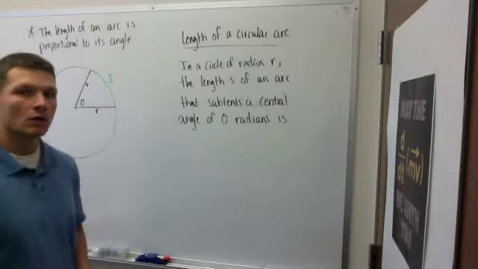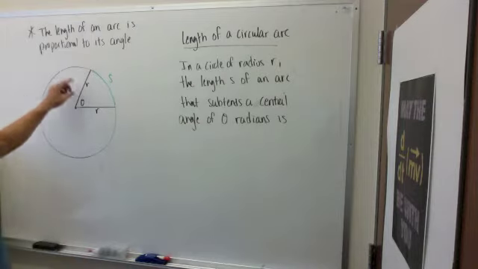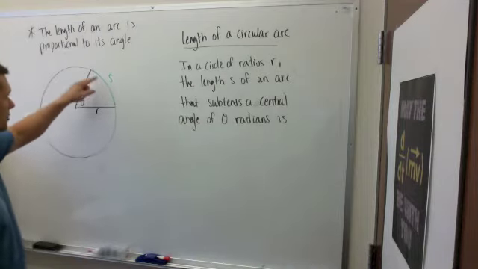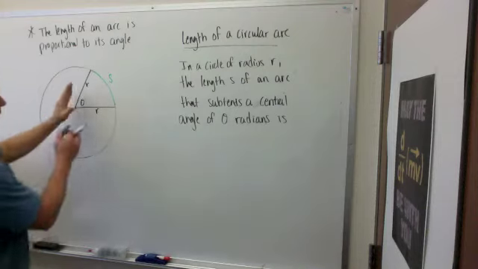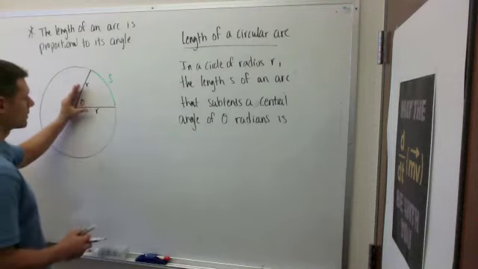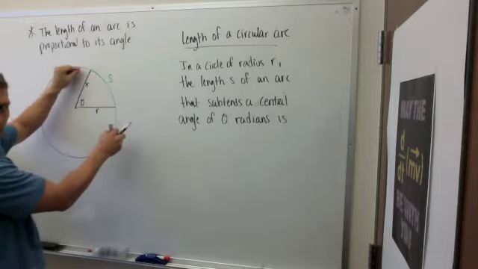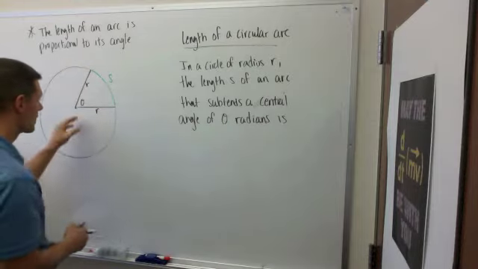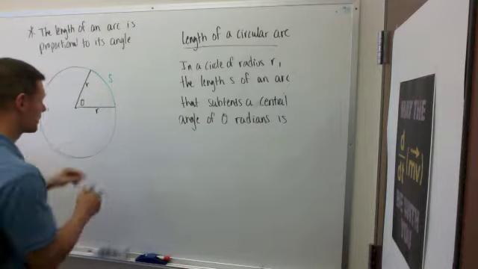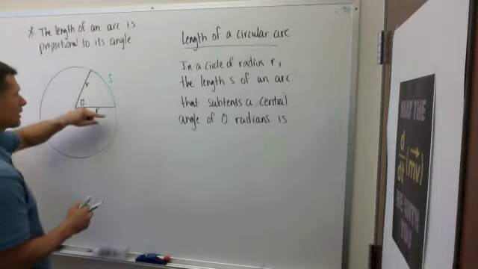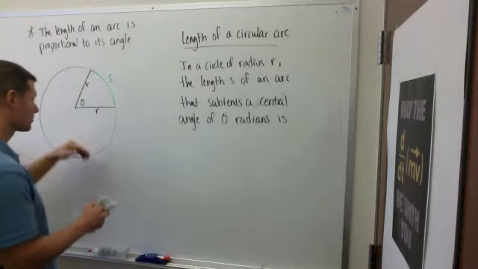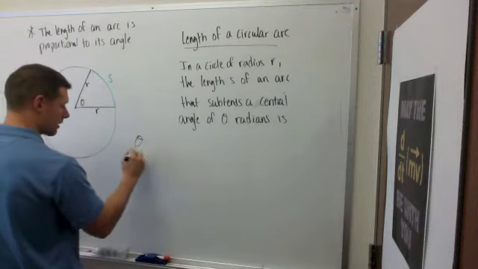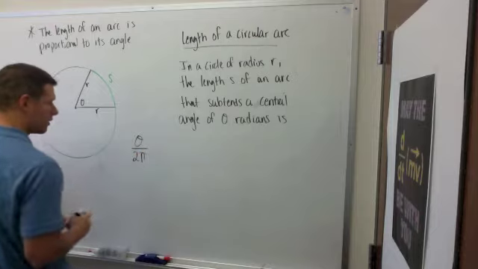Okay, so the length of an arc is proportional to the size of its angle. In other words, as theta gets larger, so does this arc. So what we can say is theta is to the measure of the whole angle that would represent the whole circle, so theta is to 2 pi, that ratio.